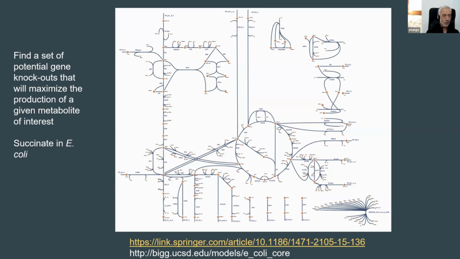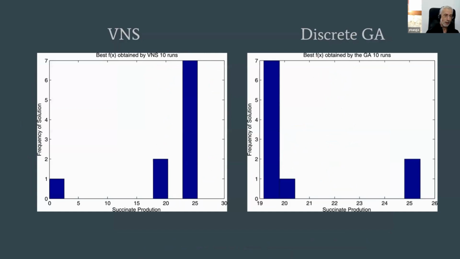So in this case, you can download this E. coli model. This is a constraint-based model, as typically used, for example, in flux balance analysis. You can download it from the website of Bernhard Palsson at the University of California, San Diego. And then we can solve the problem to find the knockouts that give us the best succinate production.